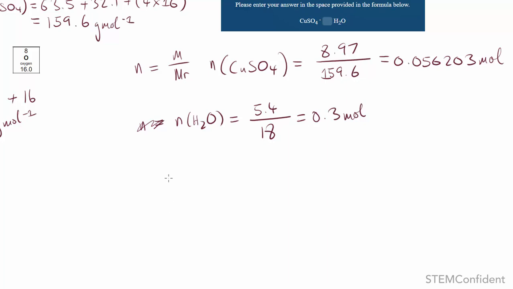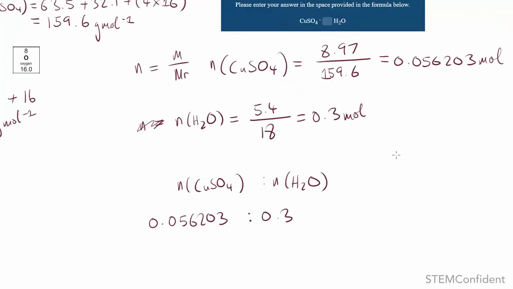So what we can say, and I'm going to put the CuSO4 on the left hand side because it is on the left hand side here: the number of moles of CuSO4 compared to the number of moles of H2O. We've got 0.056203 in a ratio with 0.3, right?